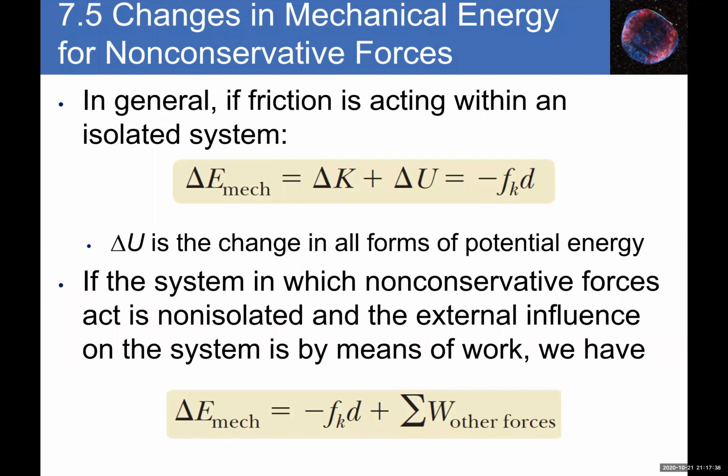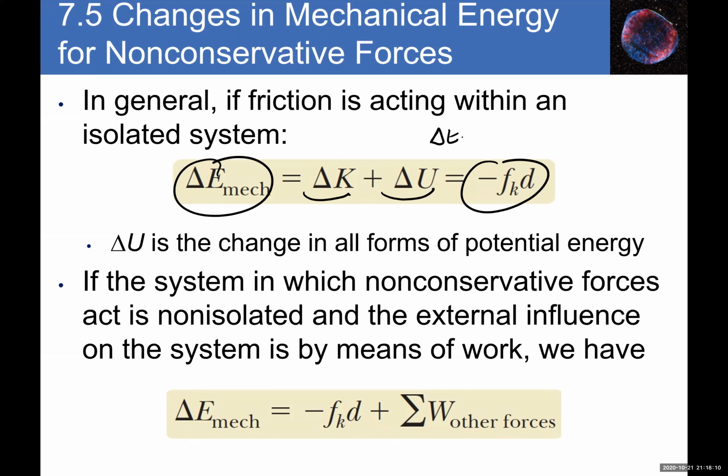So now let's look at what I just talked about. You have mechanical energy, and the change in mechanical energy is in terms of delta K plus delta U, right? And what we can say here is that you can change the mechanical energy by doing work due to friction. So if friction is acting within an isolated system, then delta E mechanical equals delta K plus delta U, and this is no longer equal to zero.